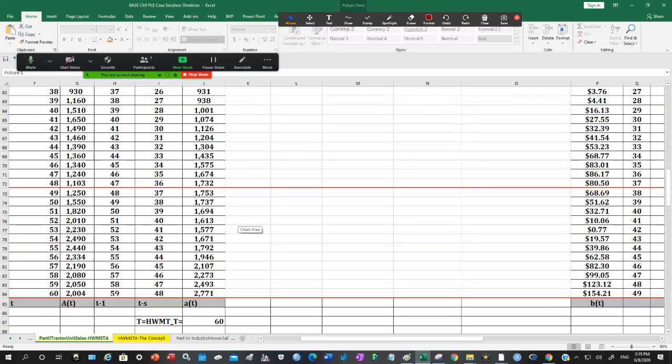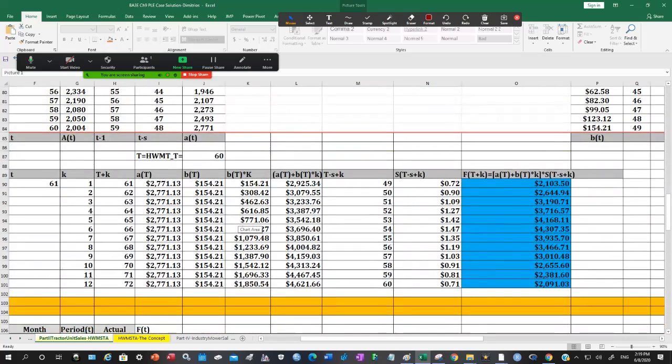So basically you have the answer to the whole question of doing Holt-Winters. This here stands for Holt-Winters multiplicative. S is for seasonality, T is for trend, A is for amplitude.